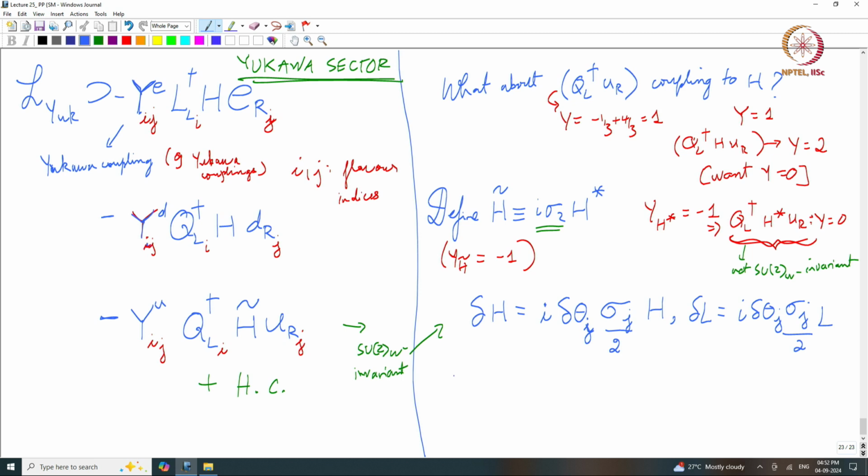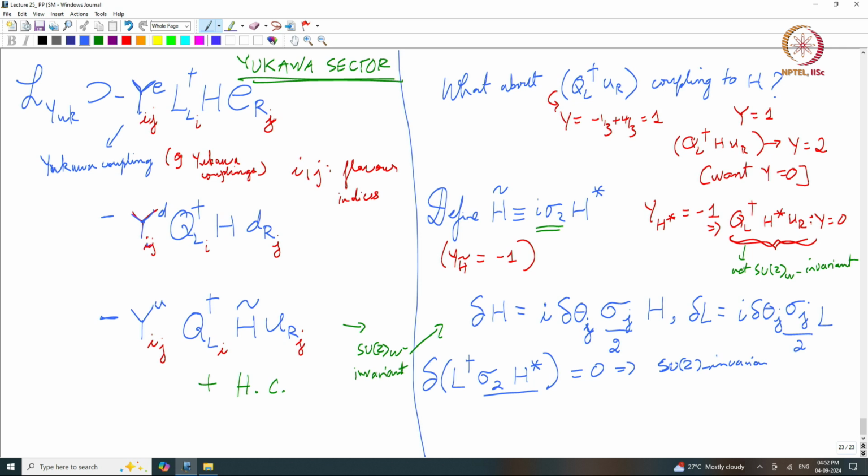Okay. Now my task comes down to asking how does this term transform under SU2? This is what is H tilde, right? This thing, of course, up to an i, right? So if this is 0, this would imply it's SU2 invariant, right?